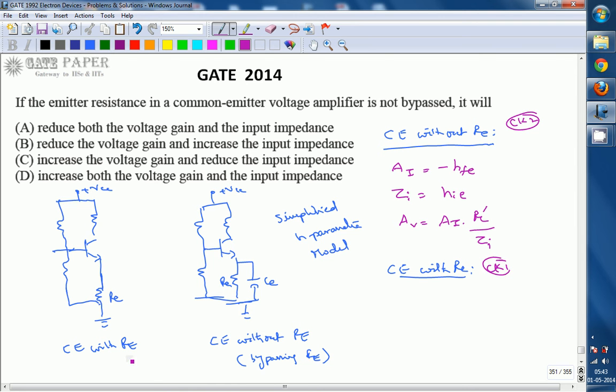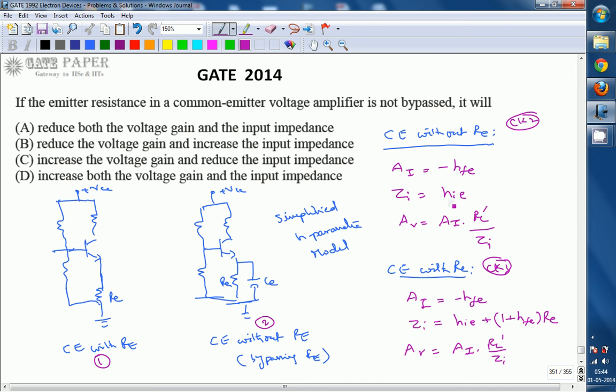For circuit 1 with RE, the current gain is going to be the same, minus HFE, and ZI is going to be HIE plus (1 plus HFE) times RE, and AV is equal to AI times RL dash divided by ZI. RL dash is the effective load impedance. So now compare these equations.